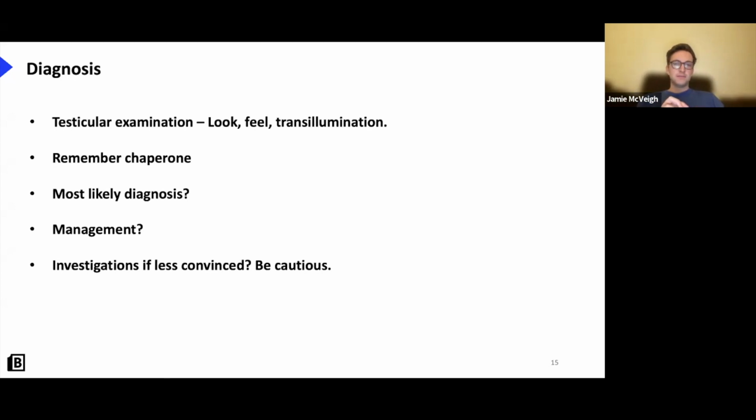Two things, really. You're looking for fluid that can be a cause of a hydrocele, or you can be looking for any masses, cysts as such. You can look for a torsion itself, but it's not brilliant, a bit like appendicitis, as ultrasounds aren't brilliant for that.